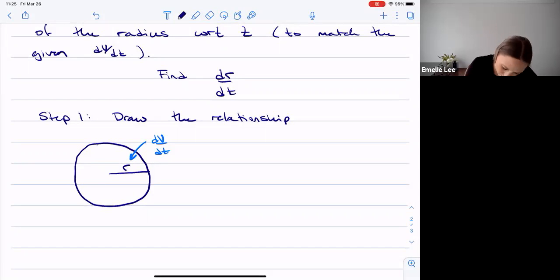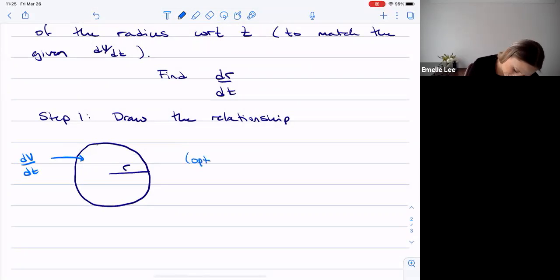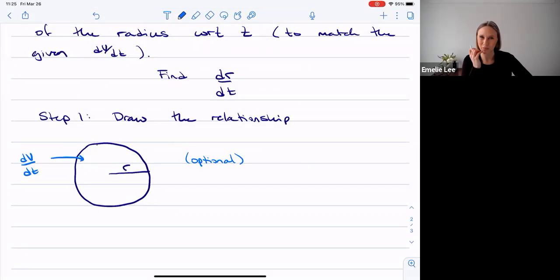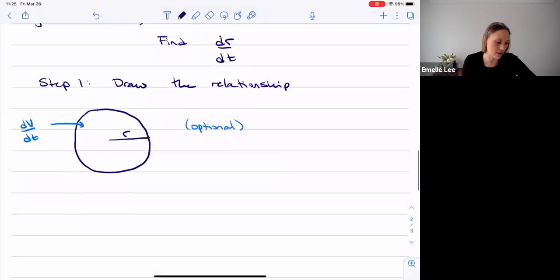Looks like the dV dt is heading into the radius. That's not really the case. Maybe it's heading in here. Drawing the relationship for this one is optional. Sometimes it'll be more helpful. This is a bad one to start with, so drawing doesn't really help. But I think when we think about the relationship, it's more obvious than some of the other ones that we're going to do.